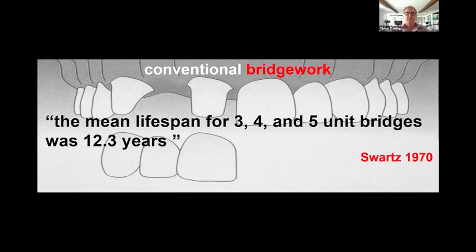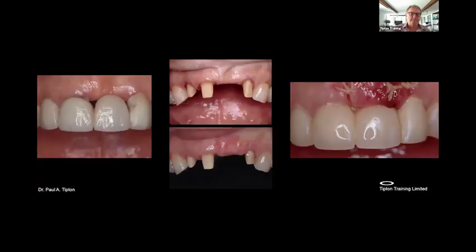So it's very difficult to find the success rate of a cantilever replacing a lateral incisor from a canine, because there's not enough done at any one time to put that into a study. So all we can do is extrapolate and try to get a feel from the literature about what is best for our patients. So in this situation, for fixed bridge work, what are the advantages and disadvantages?